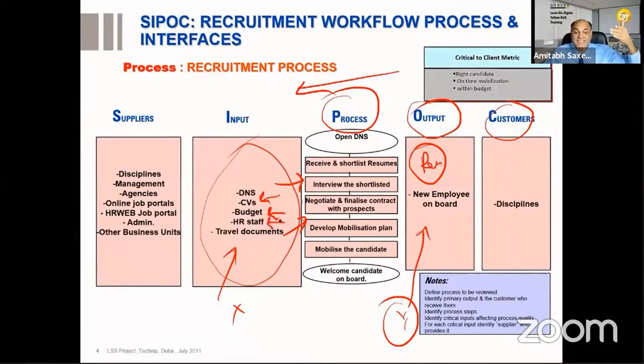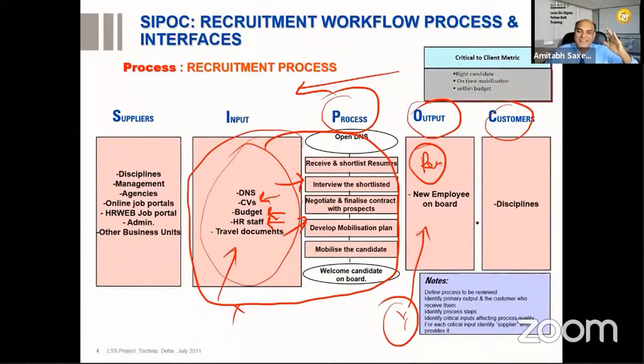HR staff, skilled or unskilled. These are all factors affecting, these are the X factors. They are in your hands. Recruitment cycle time is the result; it is not in your hand. Results are not in your hand. Only the X factors. You can do something about X factors.